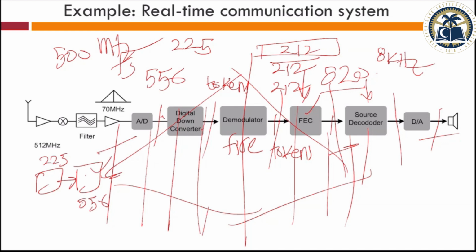So if I draw it like so, you have this block, then you have this block. This generates 225, but this requires 556. So you do it twice, you get 450. Still you don't have 556.